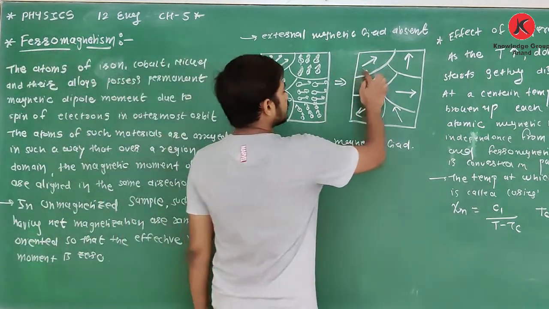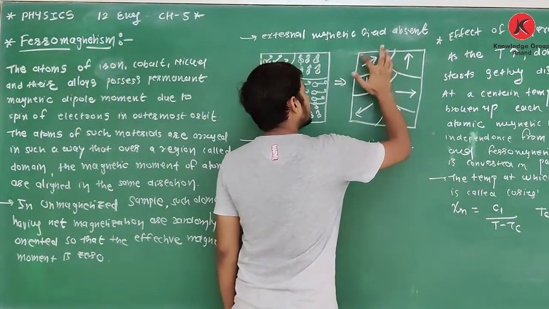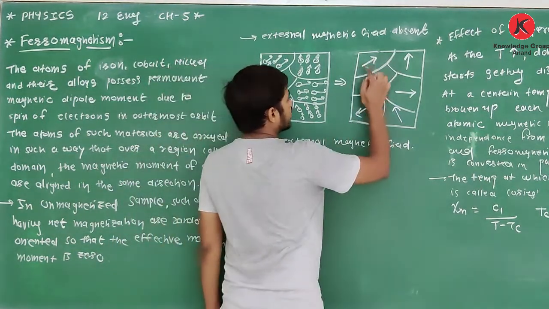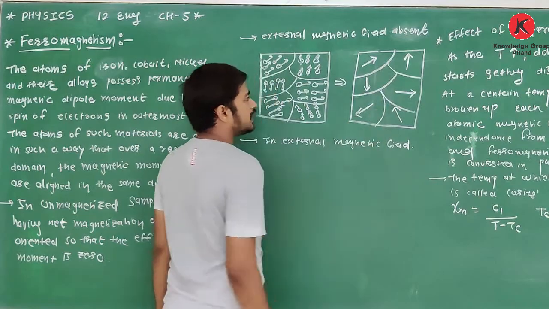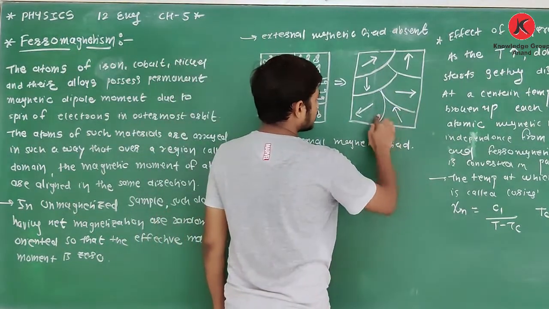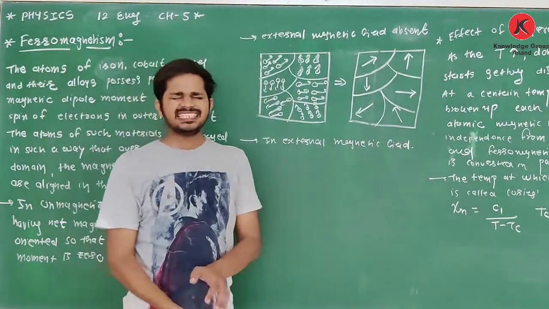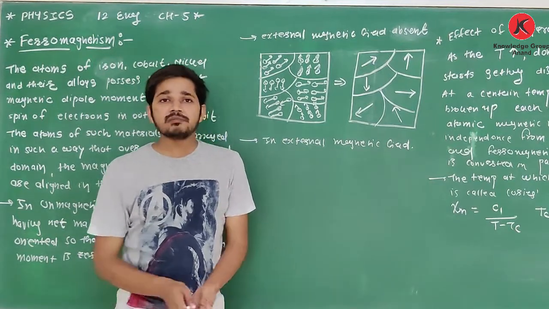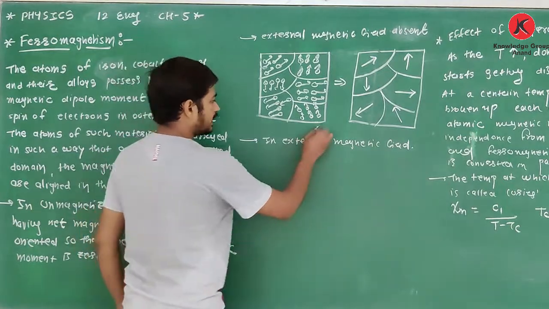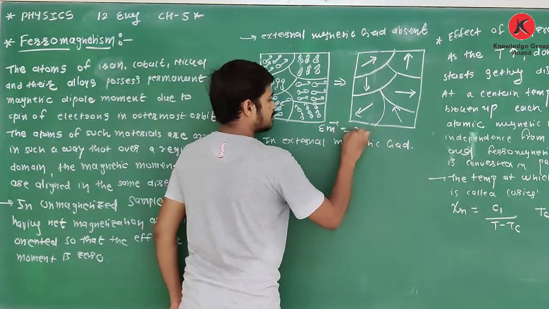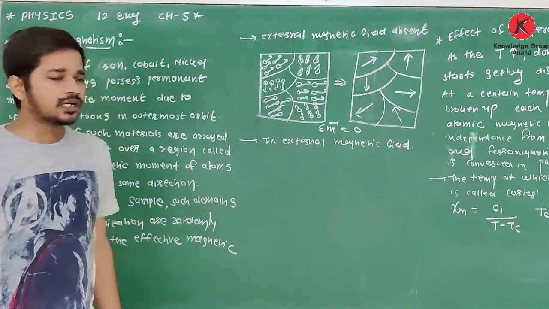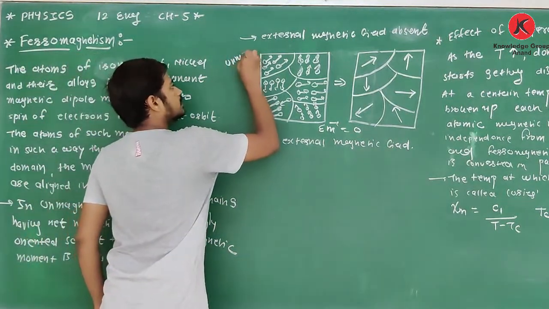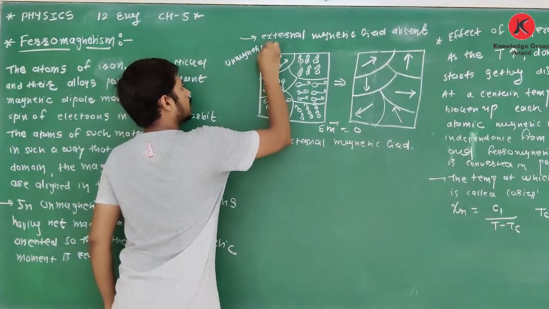In this domain, the net magnetization is in this direction, in this region the net magnetic moment is in this direction. In each and every domain, the direction of magnetic moment is random. Random means if I find the total magnetic moment, the sum of m will become zero. So it is called unmagnetized.